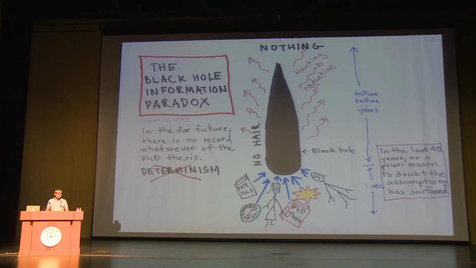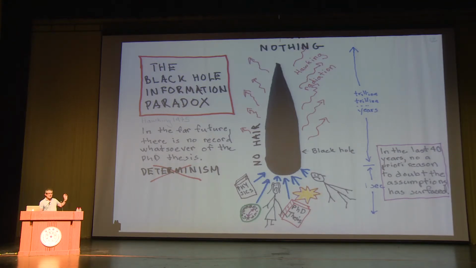Now, what does this have to do with the black hole information paradox? Well, I don't need to really review that paradox for this room, but just some of the ingredients are: you throw stuff into a black hole containing a lot of information.